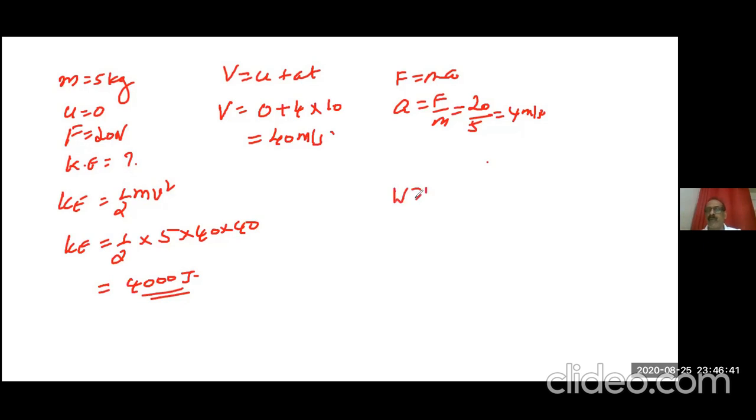W is equal to force into displacement, so Newton meter or joule is work done. Why, if mass is in kilogram, would kilojoule come? Then let me ask you a question. F is equal to mg, 1 kilo into 10. Can you say kilonewton? No, sir, no. We can make it 4 into 10 to the power 3 joule, or 4 kilojoule. Like that you can write.